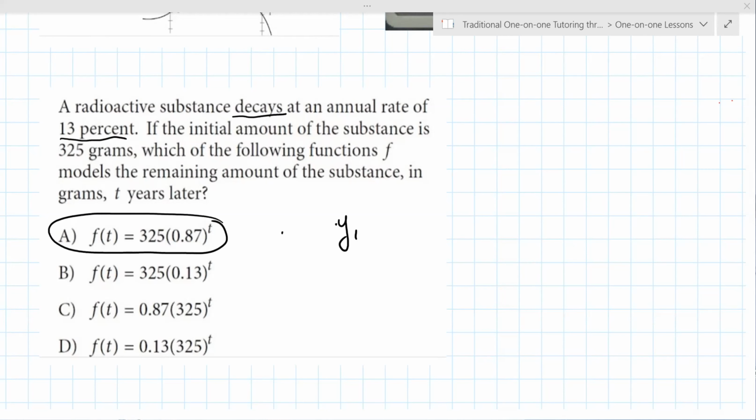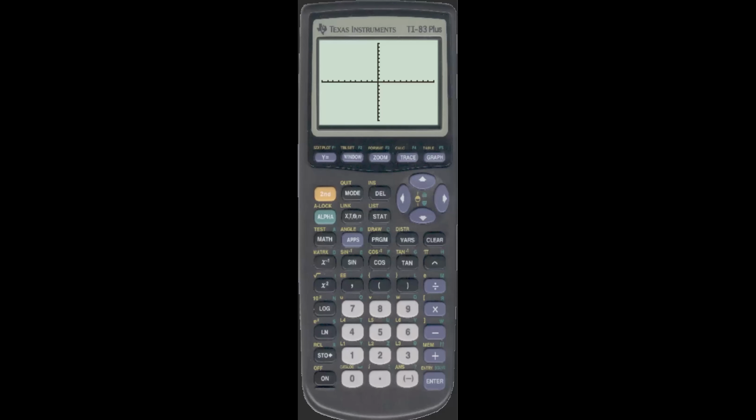Now I want you to graph it, and I'm going to share my calculator screen. Do you have something similar to my screen where there's no graph? Yeah. So if you want to know why that is, it's because the window that we chose is not the correct window.